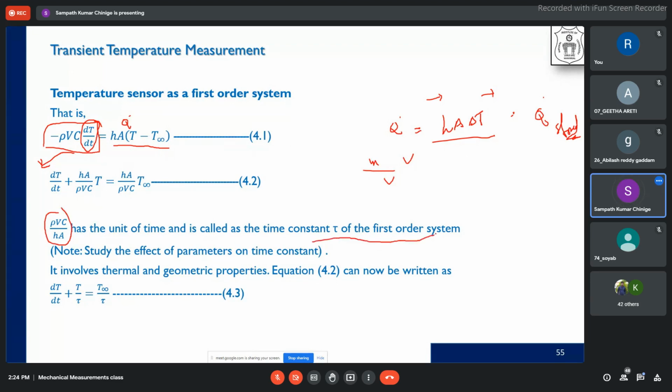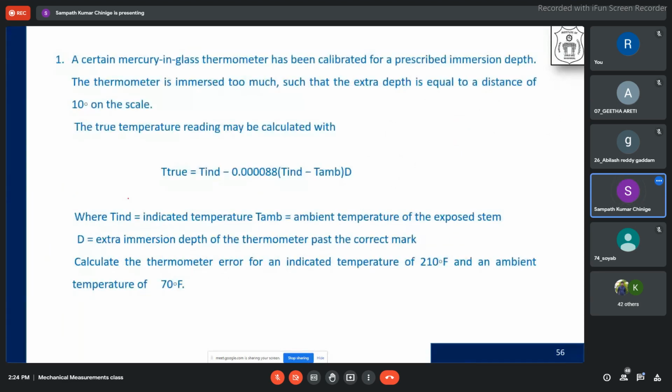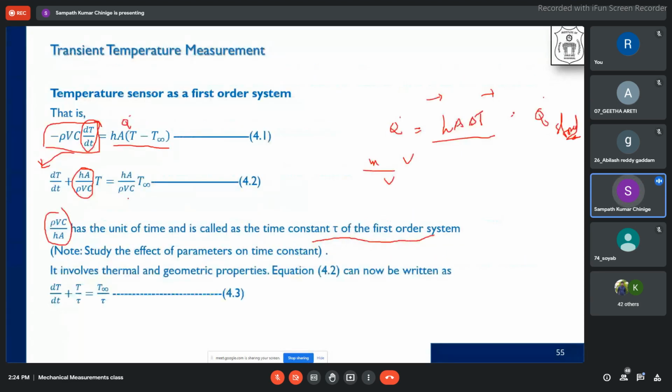So if I write this whole term as tau, it becomes dT by dt plus T by tau equals T infinity by tau. If you simplify that expression, it will be T minus T infinity equivalent to e to the power of that expression.